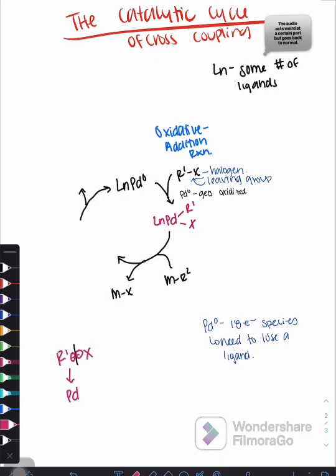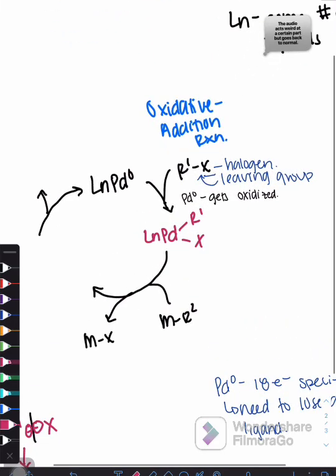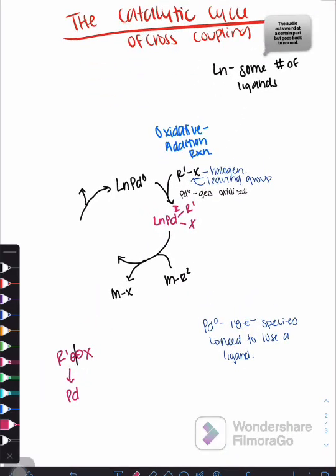But palladium will now become palladium 2 instead of 0. And this reaction is fairly reactive. So once again, it's an oxidative addition because the palladium gets oxidized and then these groups get added.